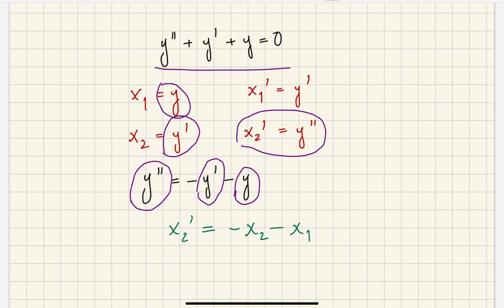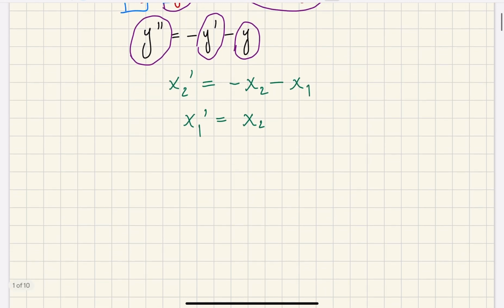Note also that x1 prime equaling y prime and x2 equaling y prime are the same. So we can write this as x1 prime is equal to x2.